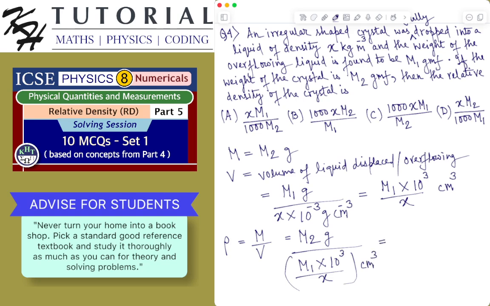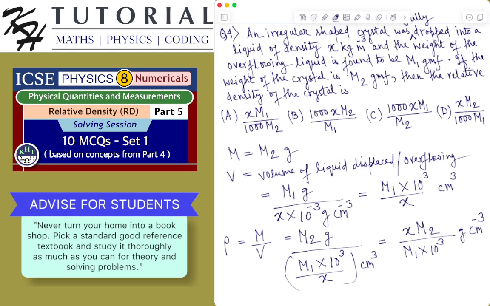After simplification, this becomes x times m2 divided by m1 multiplied by 10 to the power 3 gram per centimeter cube.